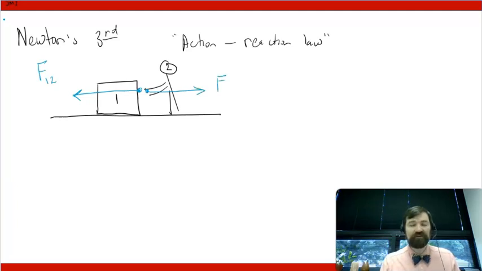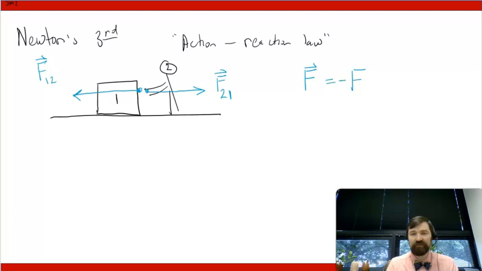We'll call this F from object 2 on object 1. And Newton's third law basically says that these two forces, F12 and F21, are equal in magnitude but opposite to each other in direction.